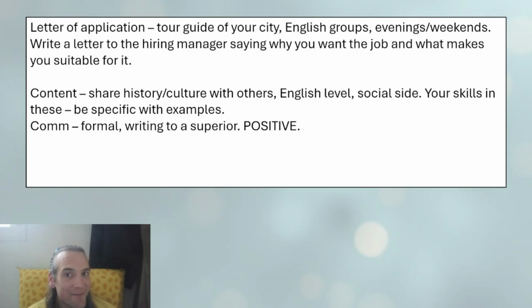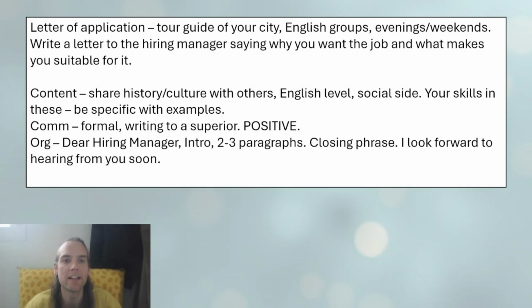Because they both said the same thing. They both said they've got a B1 level of English. But how they said it, the communication, this is what makes the difference. You're going to hire the positive person. If this is the person you're going to hire, this is a better letter of application. It gets a higher mark. They want a realistic letter of application. So be positive because it should be like that.